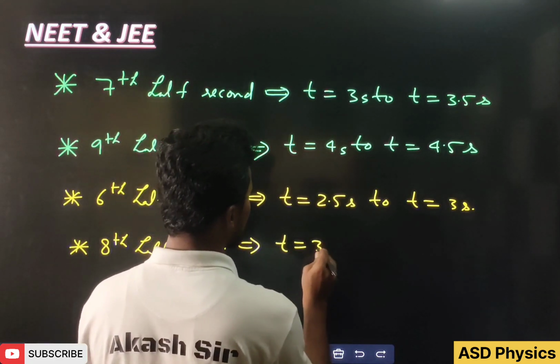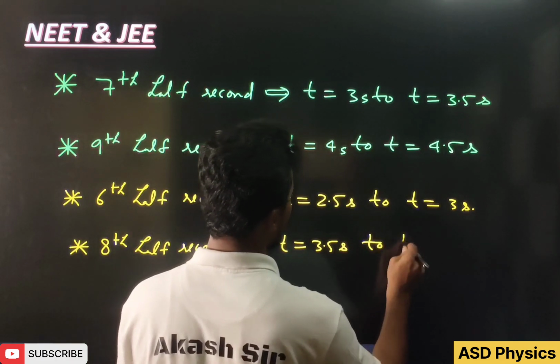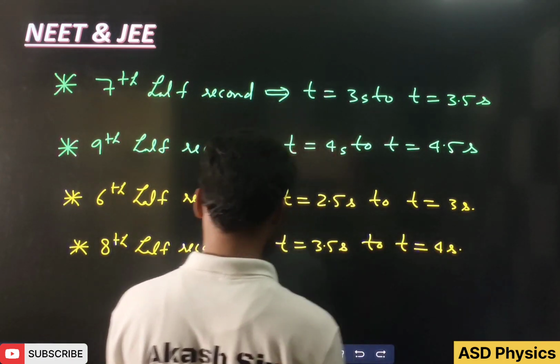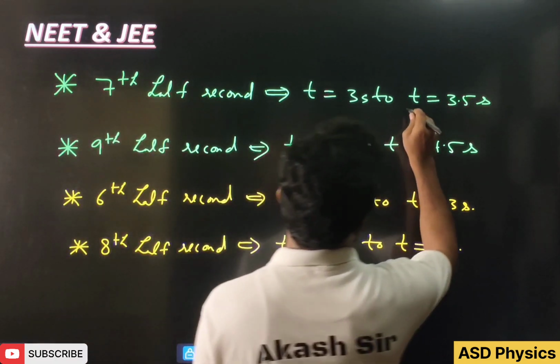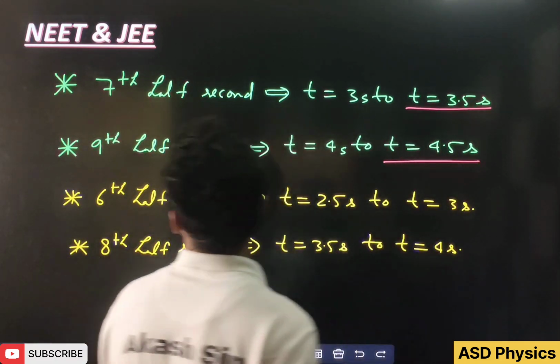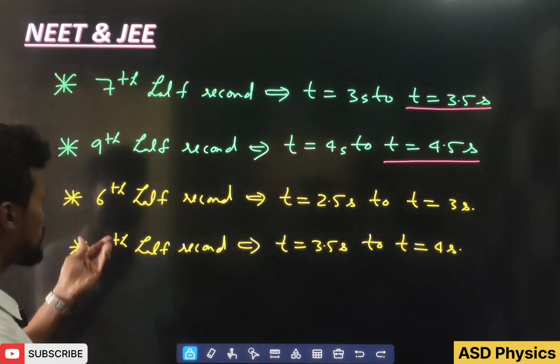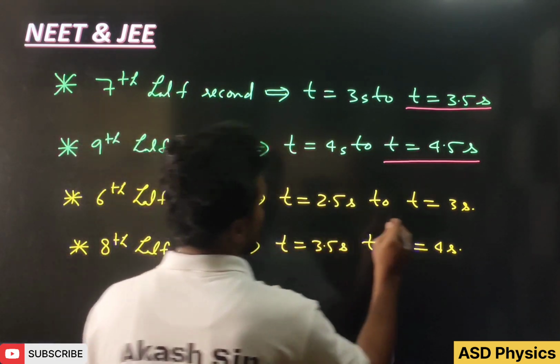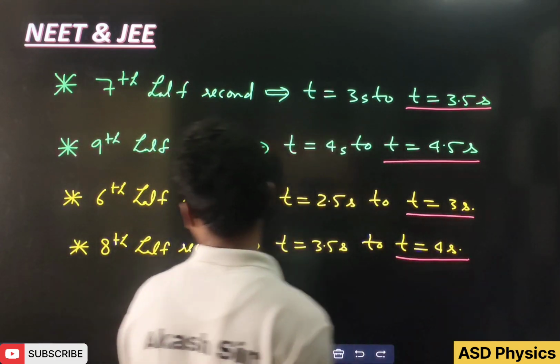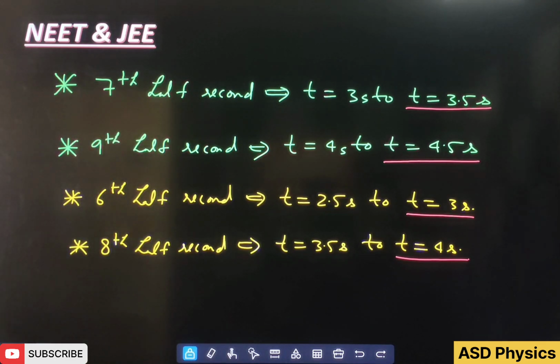That means t equal to 3.5 second to t equal to 4 second. When you do 7 by 2, it is 3.5, and 9 by 2 is 4.5. But when you do 6 by 2, it means 3. I hope this basic is very clear to you. Students, kindly remember it.